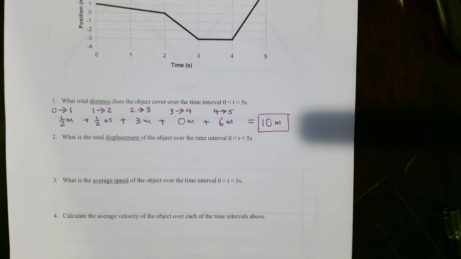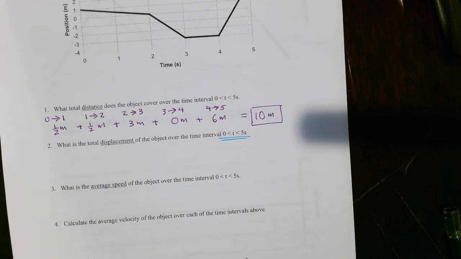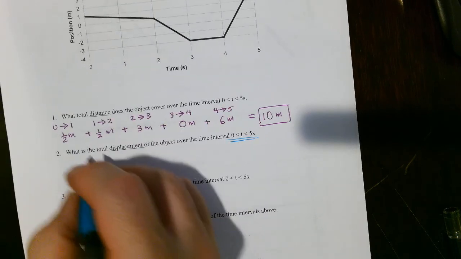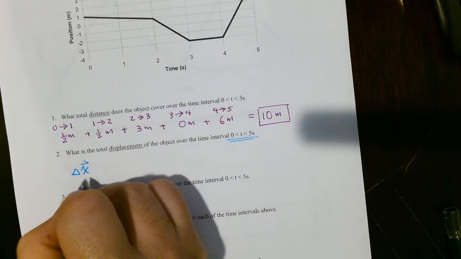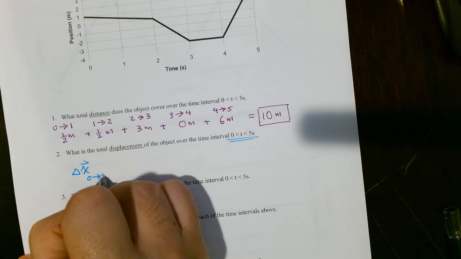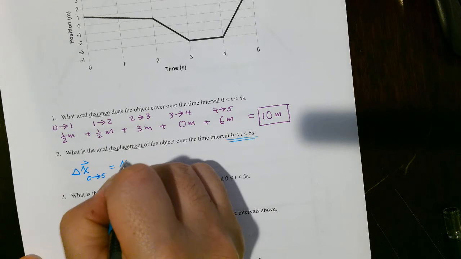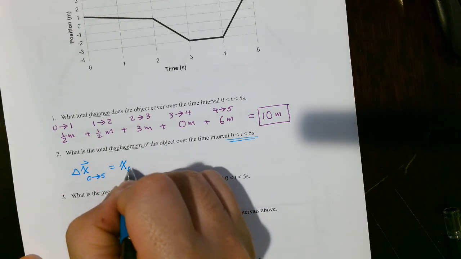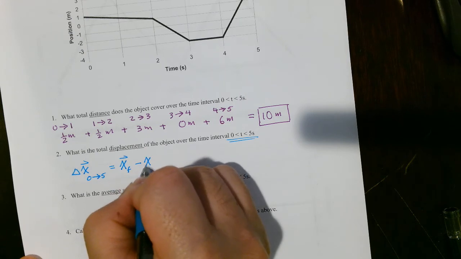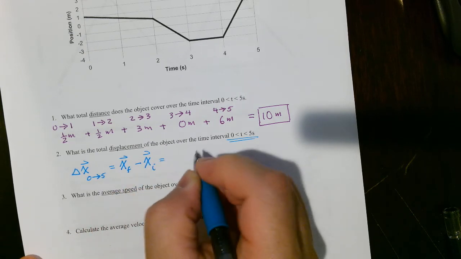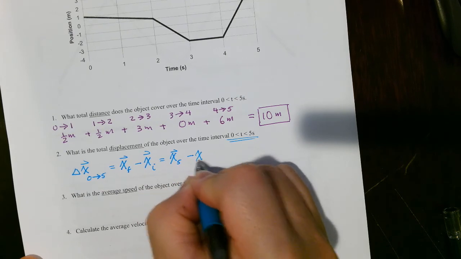All right, now let's take a look at the displacement from 0 to 5 seconds. So total displacement is just delta x from 0 to 5 seconds. That means it's just position final, which is 5 seconds, minus the position initial. So position final is x5 minus x0.